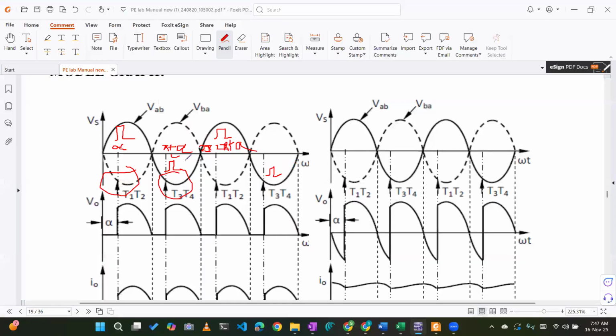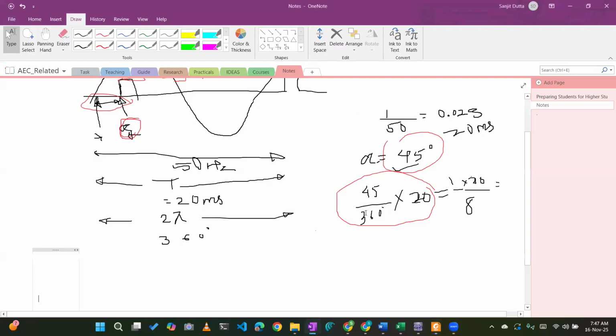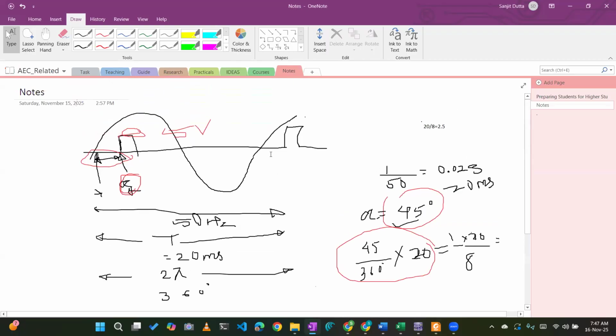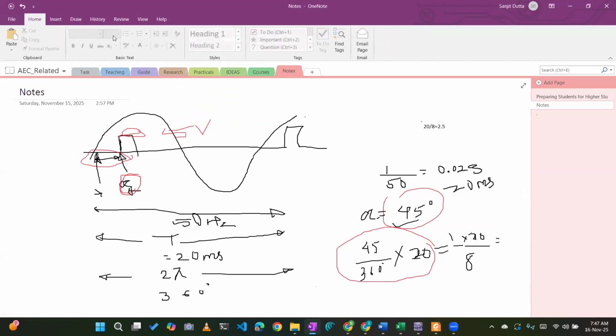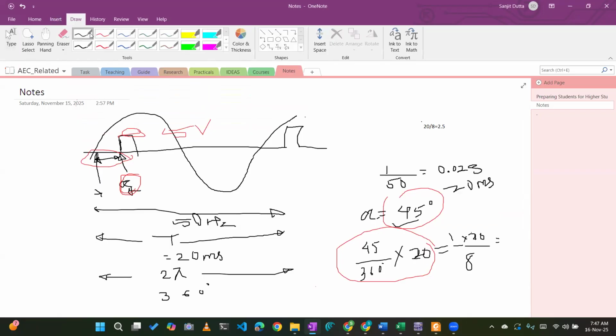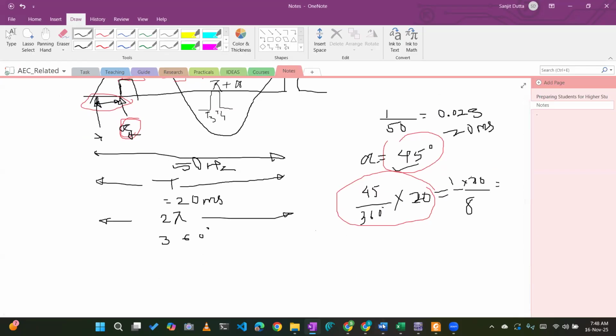We said it is pi plus alpha. So pi plus alpha means, if alpha is equal to 2.5 millisecond, and another signal which is coming at this point, T3, T4, this pulse, this is coming at pi plus alpha. So pi plus alpha will be how much? If pi is in terms of time domain, 2 pi is equal to 20 millisecond.